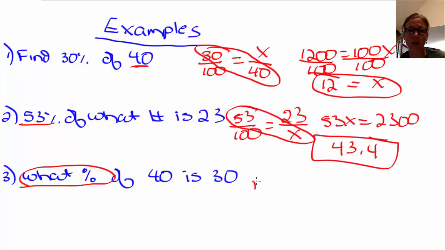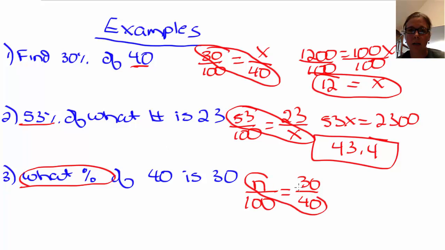Okay. Now coming down here, it says what percent? So that means we don't know the percent. Now of 40 is 30. What percent of 40 is 30? Oh, I wrote it down wrong in my notes. I had it the other way around. Okay, so we cross multiply and have 40n equals 3,000.